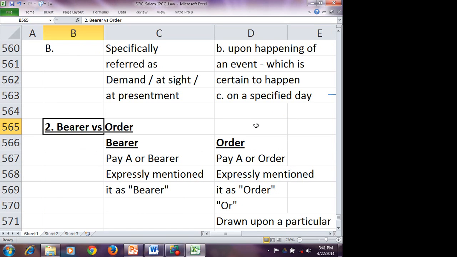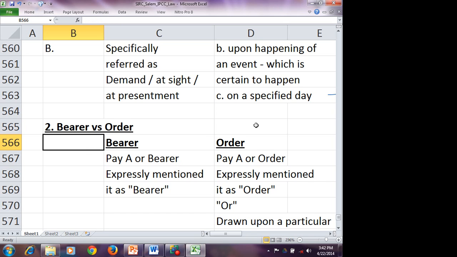It cannot be bearer. You cannot draw a bearer promissory note because only RBI can draw bearer promissory notes, because bearer promissory notes are nothing but currency notes. Currency notes can be printed only in Nasik. You cannot print currency notes. So therefore, you can draw only order promissory note and order bill of exchange.